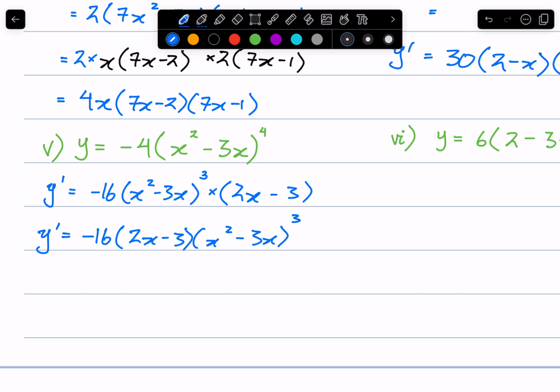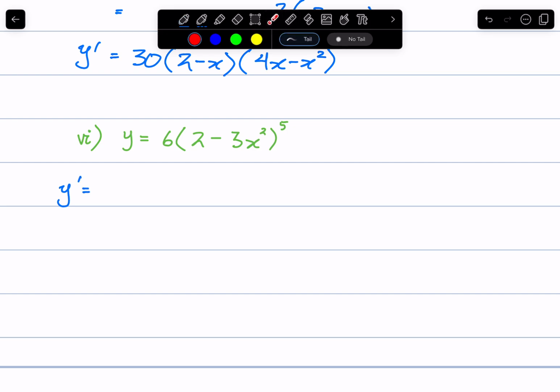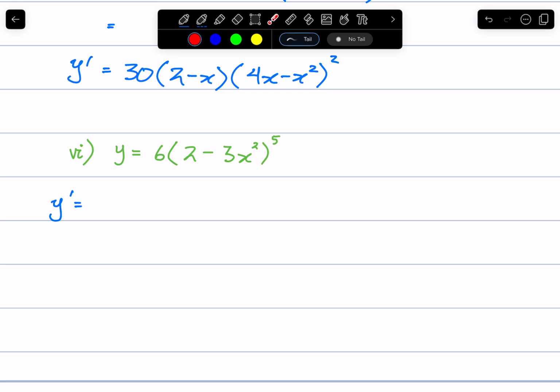Okay, so let's move on here. And one more time. Hope you can again see the two functions. We have 6x to the power of 5. So multiplying the power to the coefficient, 30 x to the power of 4, leaving the inside function the same.